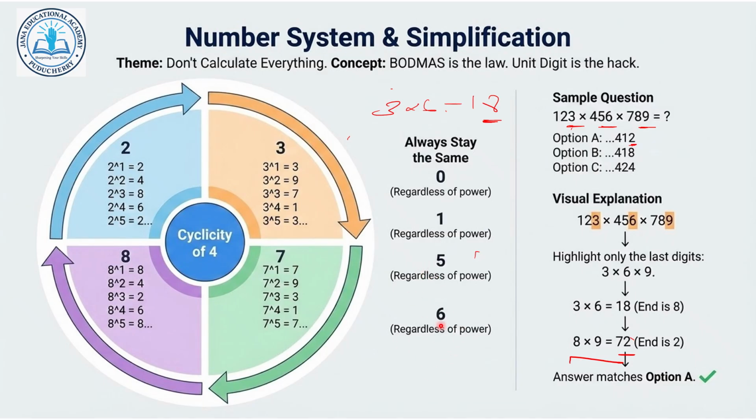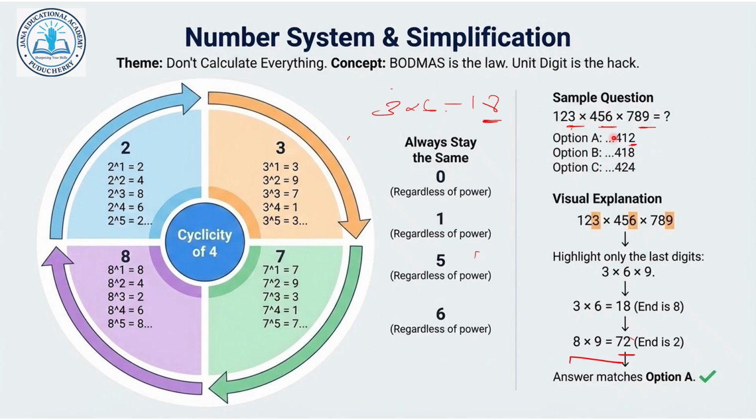Similarly for 6 to the power, right? 6 square is 36, 6 cube, everything ends with 6 only. In 1 also, if you keep multiplying, it always gives 1. 0 to the power anything always comes to 0. This is always the same. If the end number is 0, 1, 5 or 6, the end digit is always the same whatever the power.